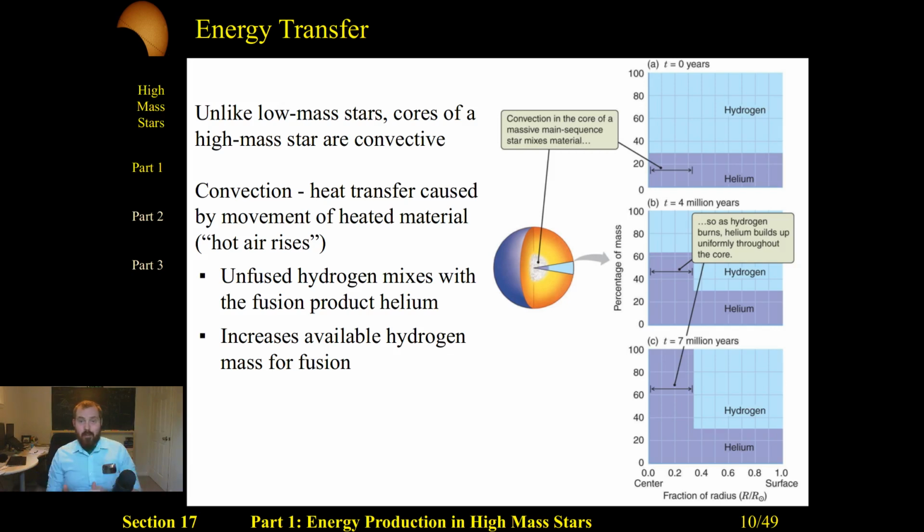Hey, there's more fusible mass. The nuclear reaction rates are going up. The star burns through its mass so much faster. So you've heard me say this 1,000 times before, but really we now have our proof, our evidence, that the more massive the star is, the faster and faster it's going to run out of hydrogen to burn.